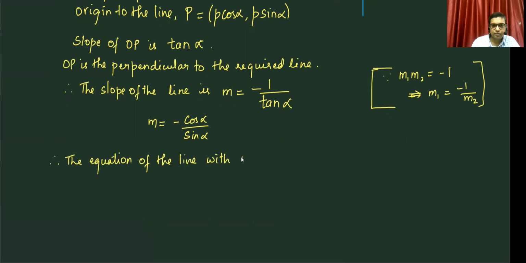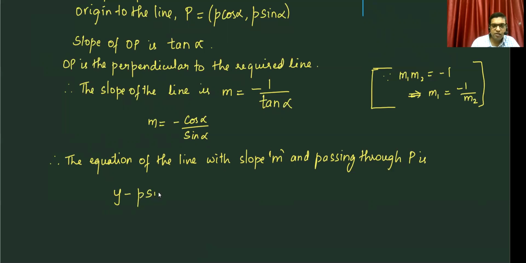Now you know, therefore, the equation of the line with slope m and passing through P is y minus p sine alpha is equal to minus cos alpha by sine alpha into x minus p cos alpha.